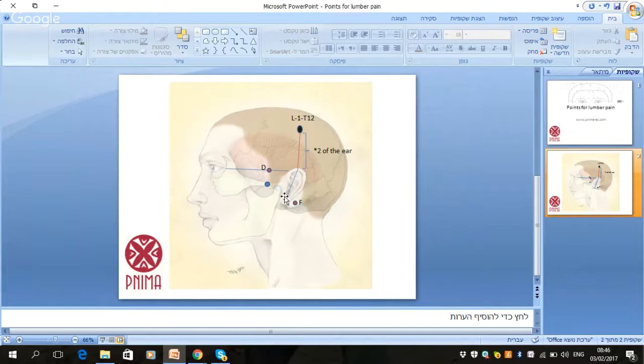Or it is in a straight line at the height of the lower part of the tragus, back on the mastoid bone. This whole area has an effect on the lumbar spine, but also on sciatic pain, piriformis syndrome, and so on. So it's an excellent point. There is no needling direction on this point.